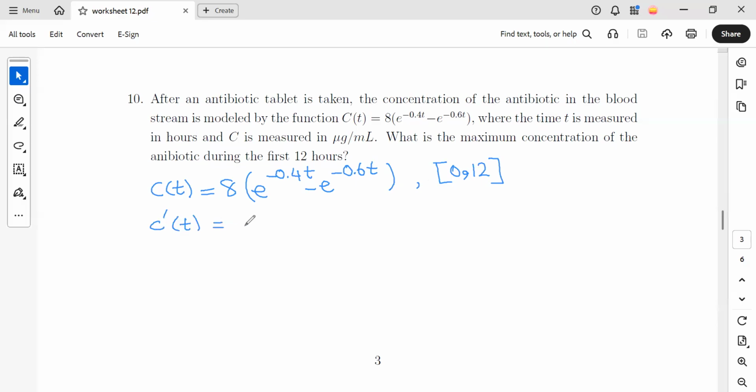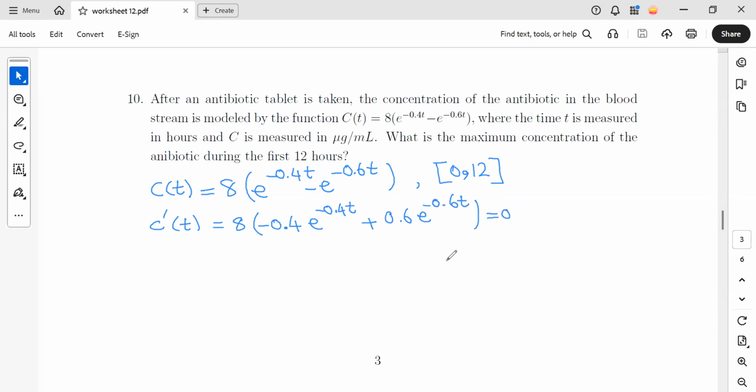Since it is exponential function, it is a chain rule and also exponential function. So derivative of the power, which is 0.4 times a copy of this. Negative times negative would be positive 0.6 and a copy of that.